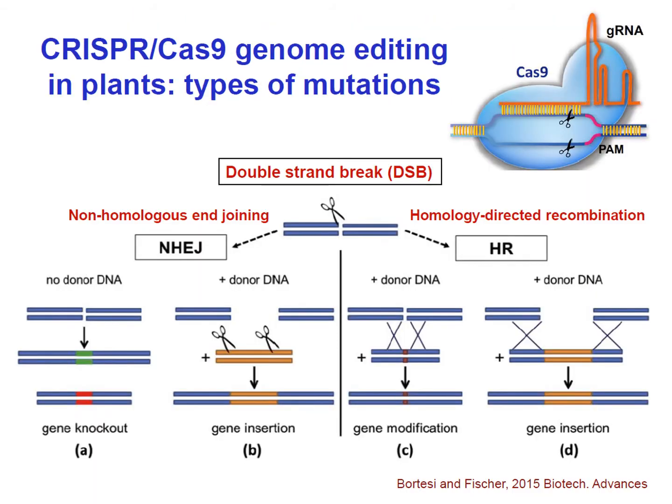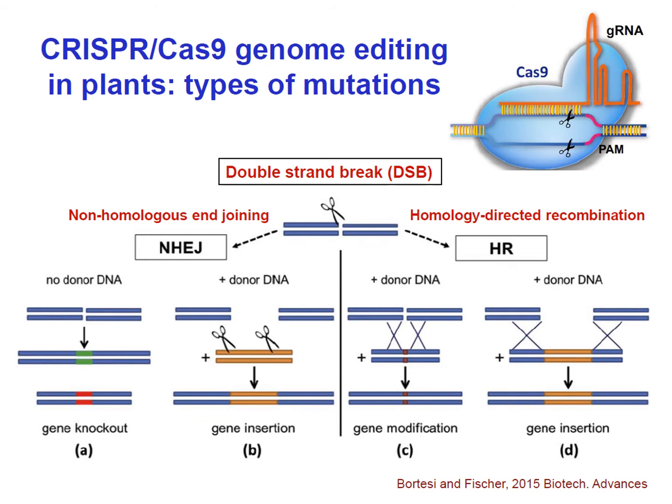CRISPR-Cas9 genome editing in plants: types of mutation. A nuclease-induced double-strand break at a specific site can be repaired either by non-homologous end joining, NHEJ, or homologous recombination, HR.